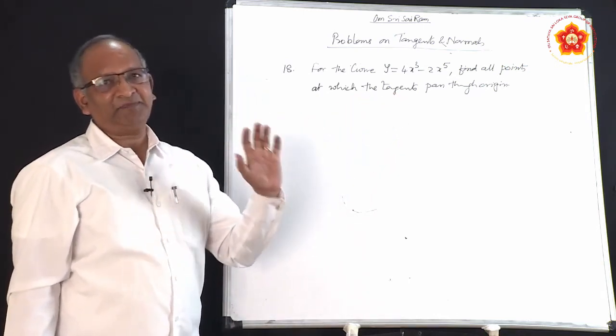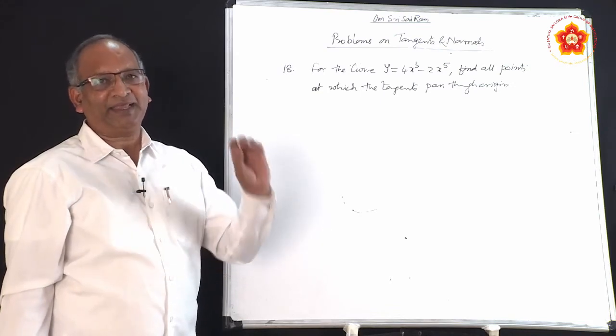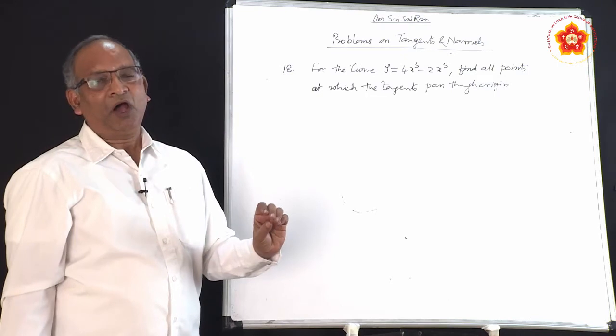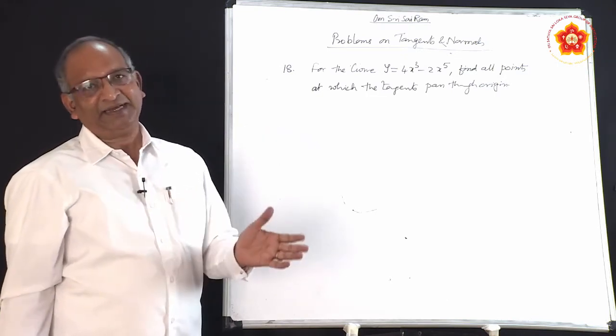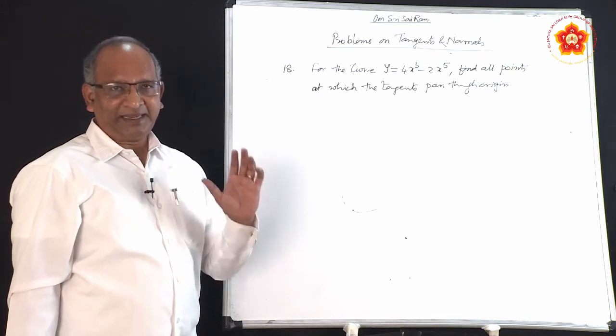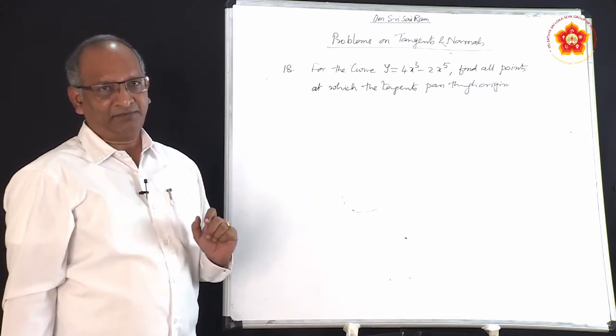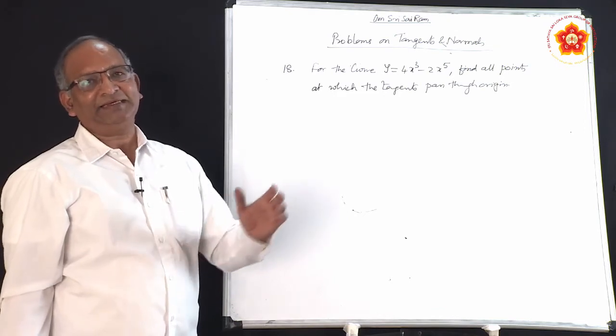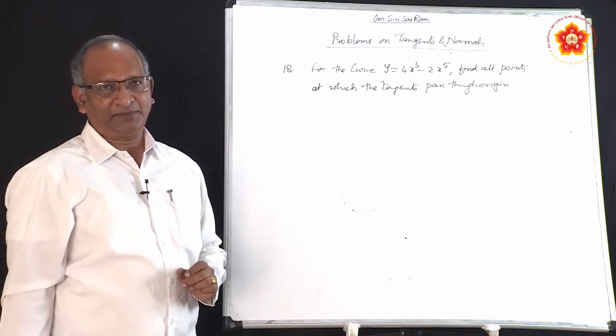Whenever a line passes through a particular point, the equation of line satisfies, or the left hand side of the equation will be equal to right hand side. The equation is balanced.